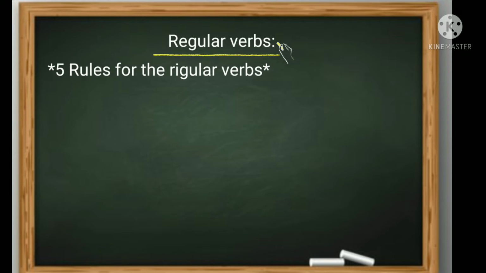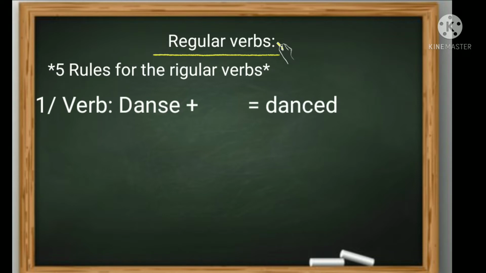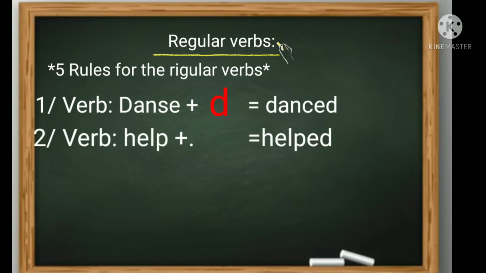For the regular verbs, we have 5 rules. First, we have a verb like dance. You're seeing that the verb dance has the E in the end. Well, in this verb, we add the D in the end, which will be danced. Okay, the second rule, we have the verb help, and we added the ed in the end, which made the verb helped.